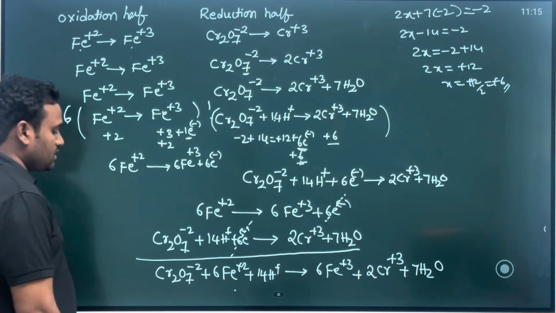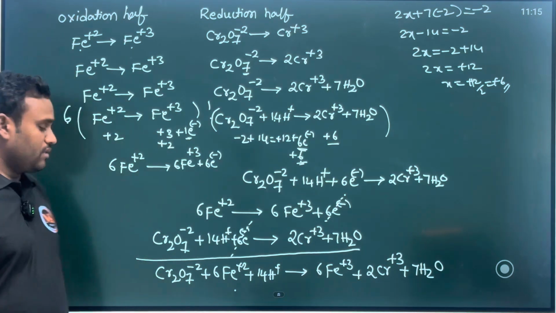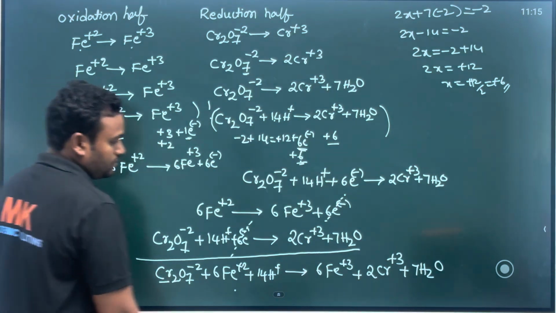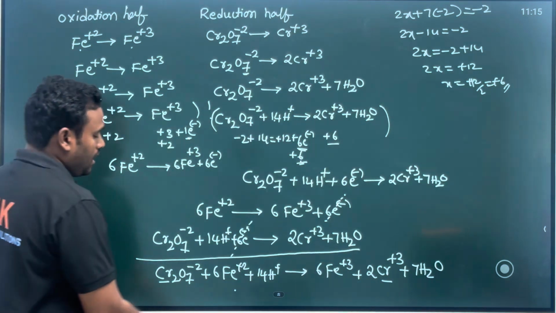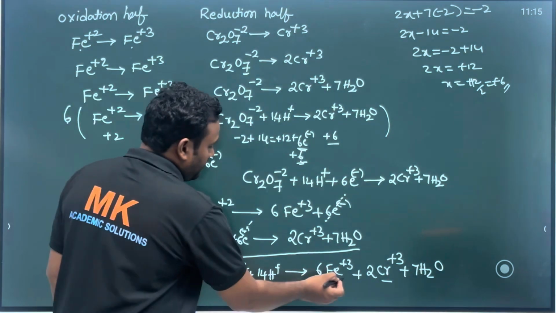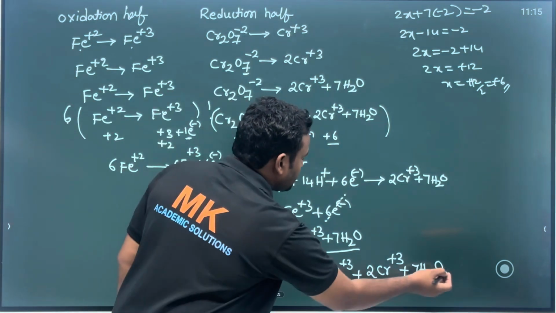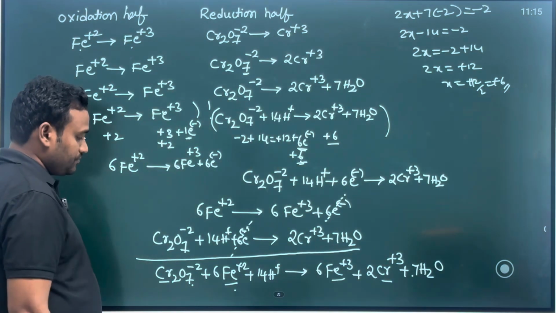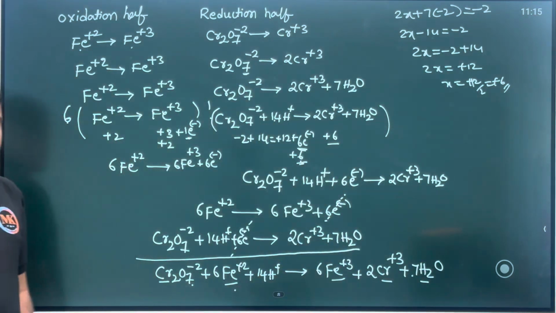In this balanced reaction, let us see whether the atoms are balanced or not. Chromium, 2 chromiums balanced. Next, irons, 6 iron balanced. Oxygen, 7 oxygens balanced. Hydrogens, 14 hydrogens balanced.